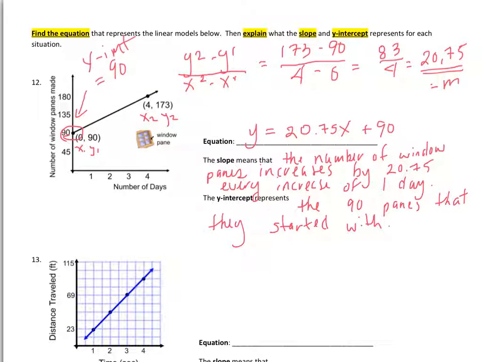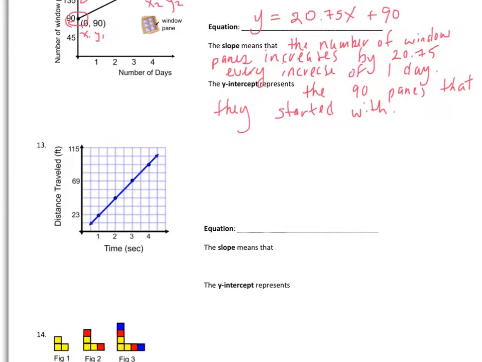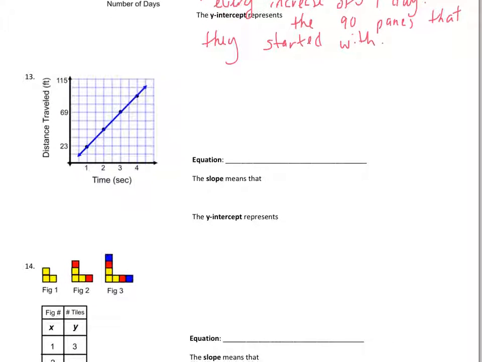All right, let's take a look at 13. Now that you know how to do these, I'm going to give you a few hints and let you figure them out for yourself. On 13, it says distance traveled along the y-axis and time in seconds along the x-axis. Here we have 369.